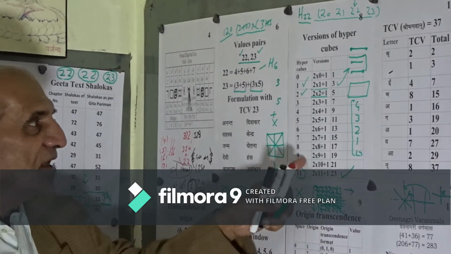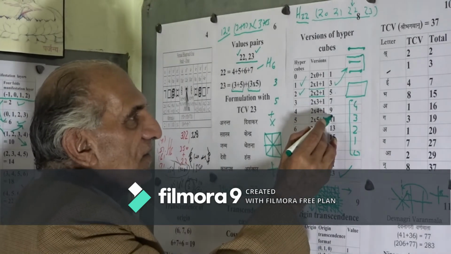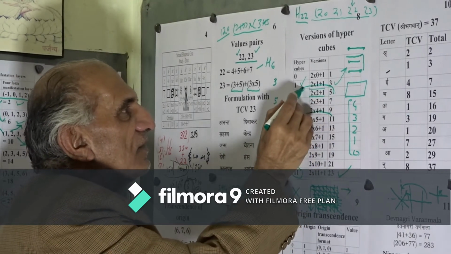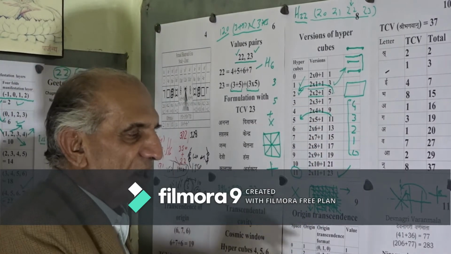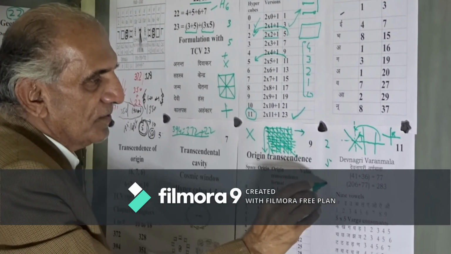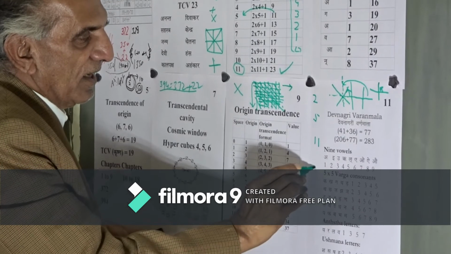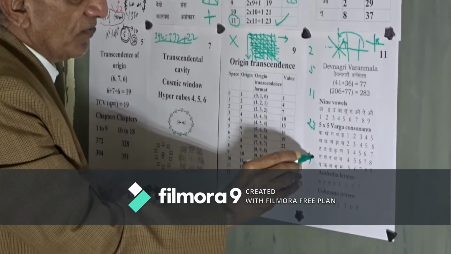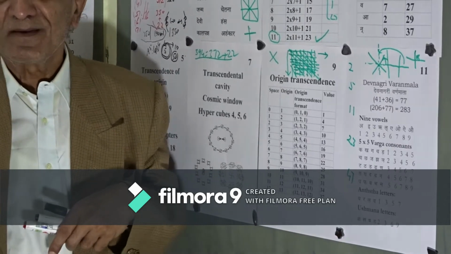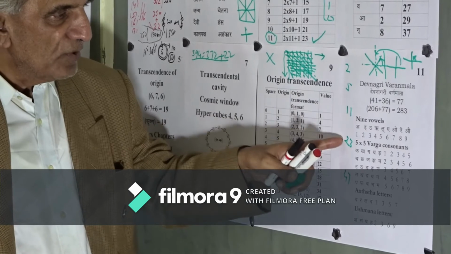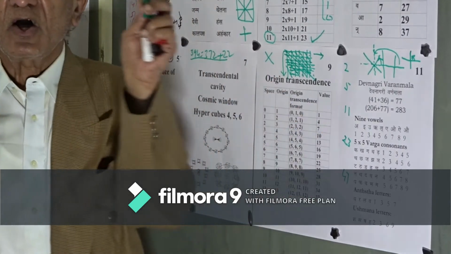But 11 itself we see, these are the versions of 5 space, and 5 itself we see are the versions of a 2 space. Now see, 2 space gives us 5 versions, 5 space gives us 11 versions, 11 space gives us 23 versions, and 23 space will give us 47 versions. Now 2, 5, 11, 23 and 47 all are prime numbers.